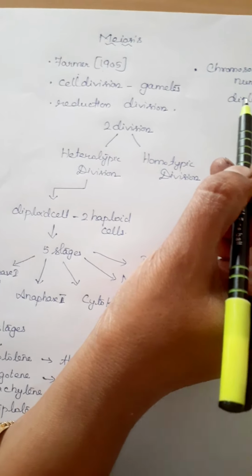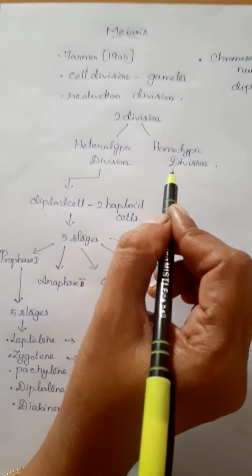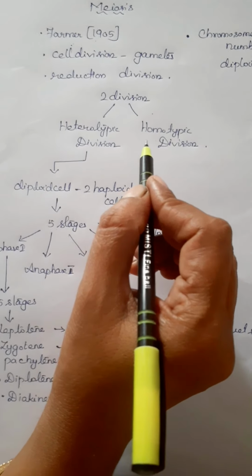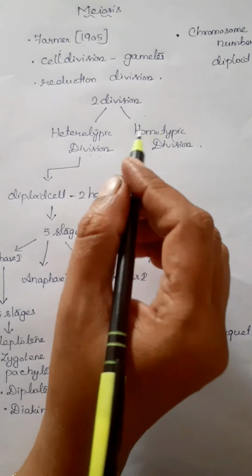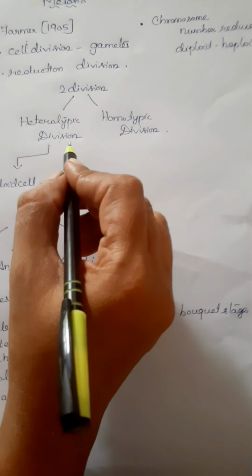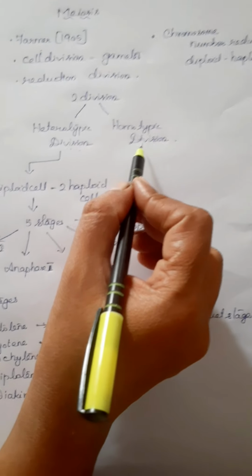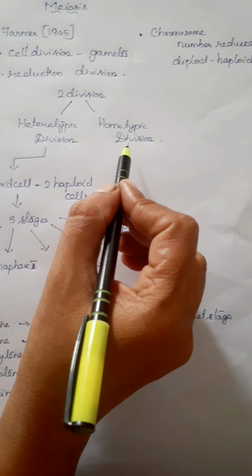In meiosis, one parent cell produces 4 daughter cells. Meiosis consists of two divisions: heterotypic division and homotypic division. The heterotypic division is otherwise called the first meiotic division, and the homotypic division is otherwise called the second meiotic division.